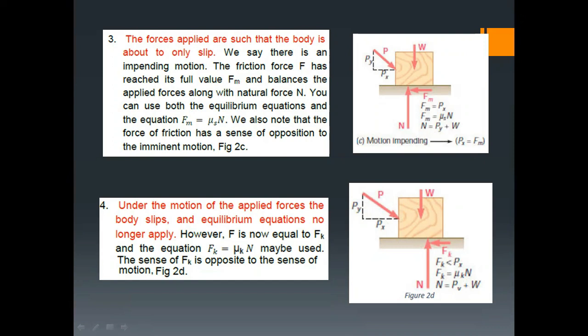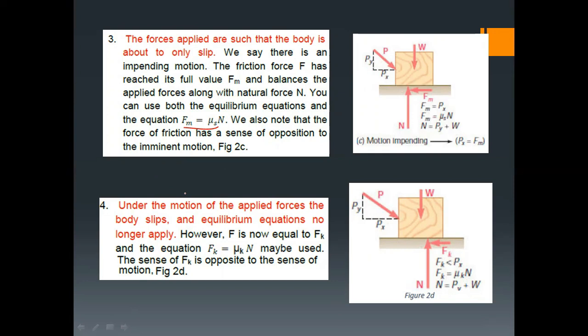So, you can use both the equilibrium equations and the equation ng friction force natin, where yung sinabi nga natin kanina ulit is yung static friction times the normal force. So we also note that the force of friction has a sense of opposition to the imminent motion. So yung motion natin is impending where it is in equilibrium. Kumbaga, nagka-counteract sila sa isa't isa, yung force natin and our friction dun sa surface.